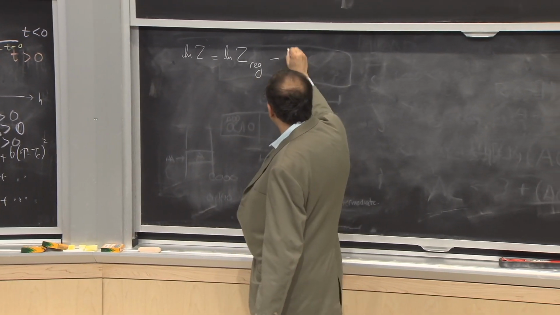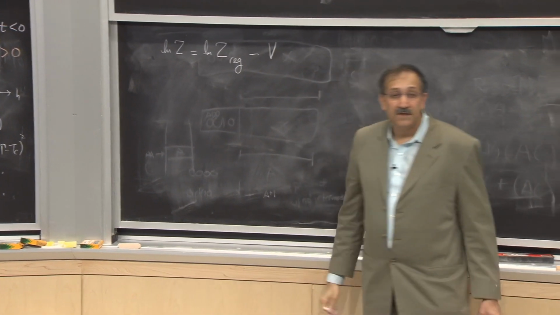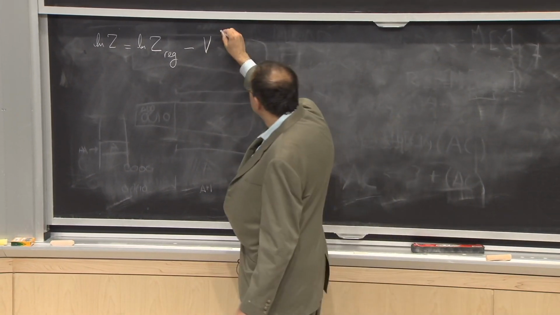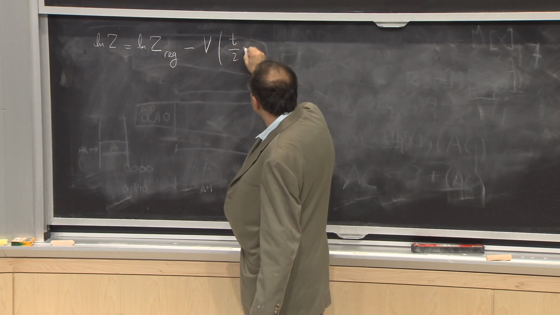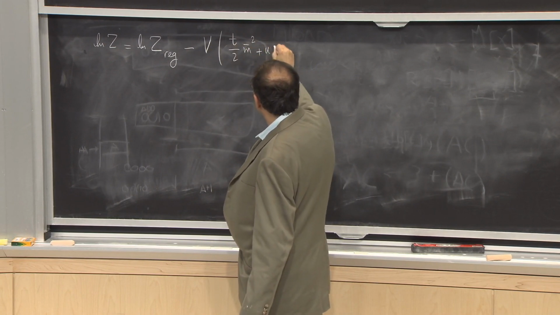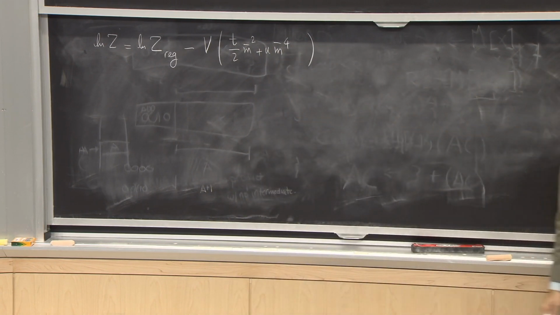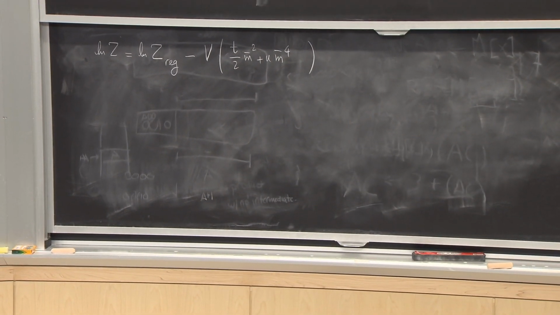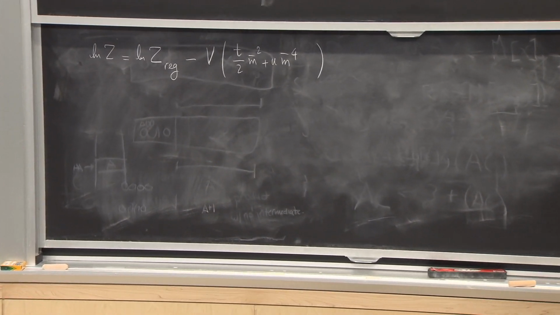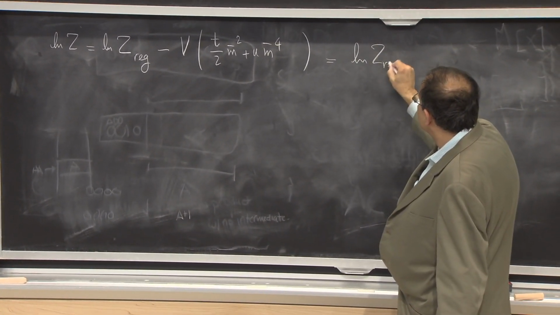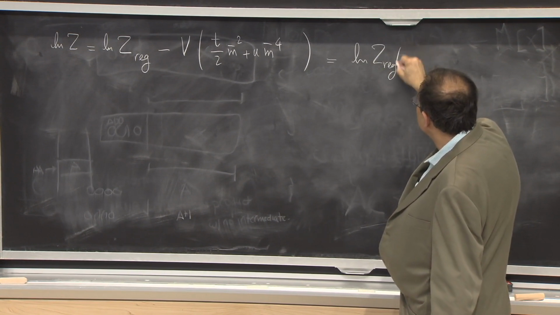So we have a minus V times the minimum of the function, which is t over 2 m bar squared plus u m bar to the fourth, when evaluated at h equals 0. So this is log z, which is some regular function of temperature and hence t.